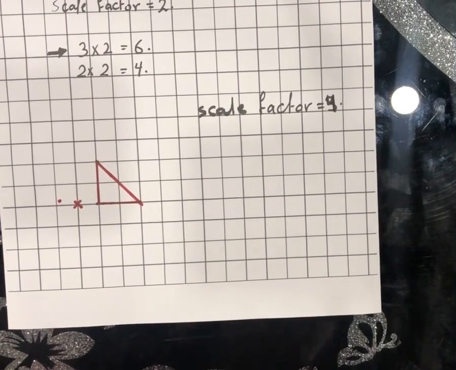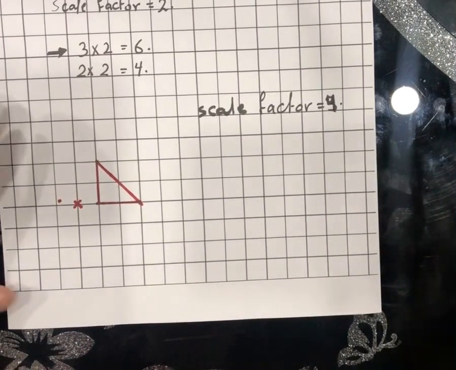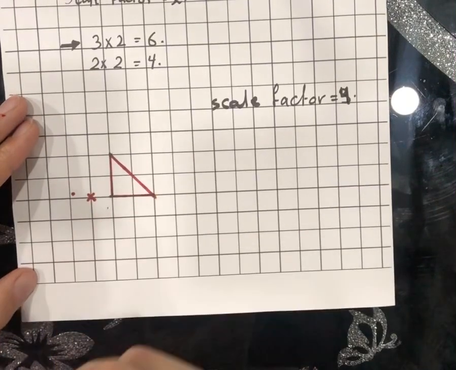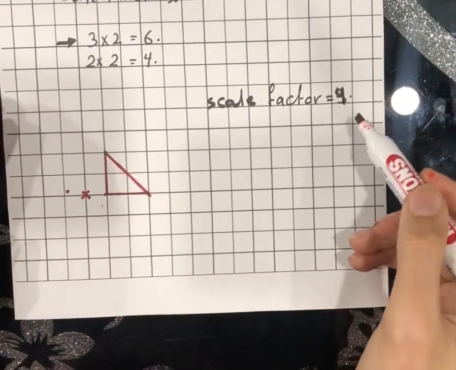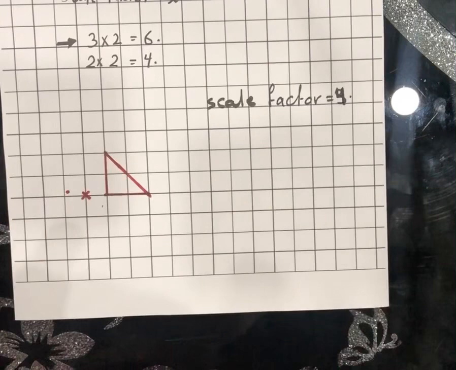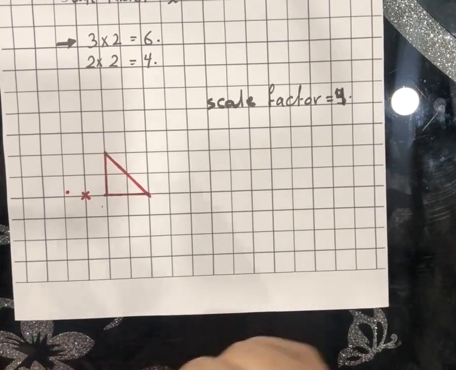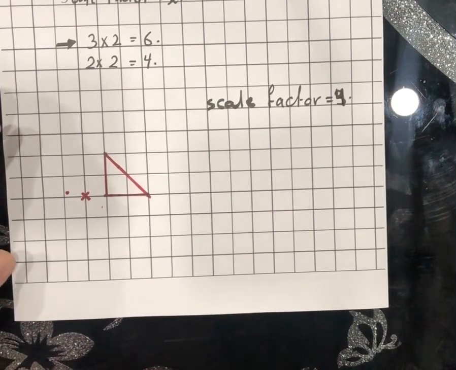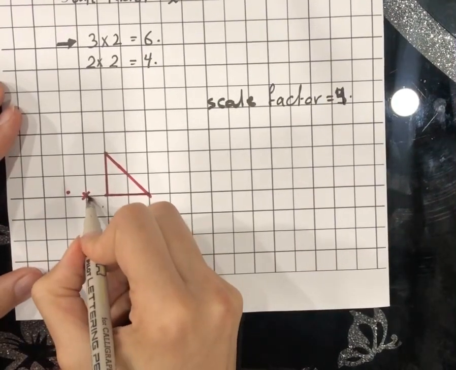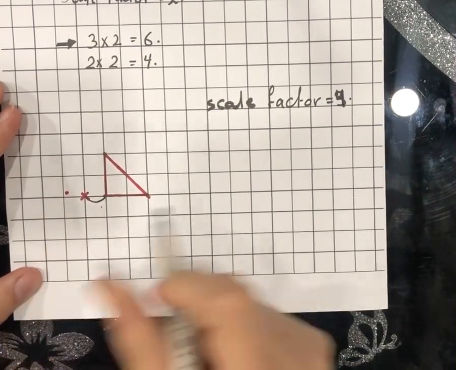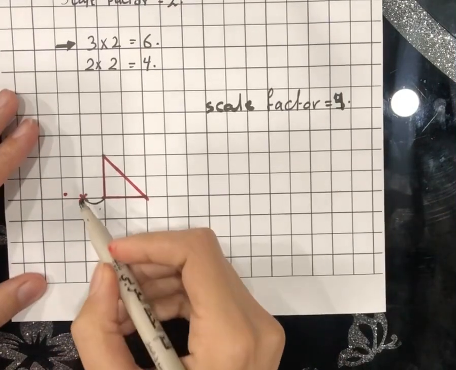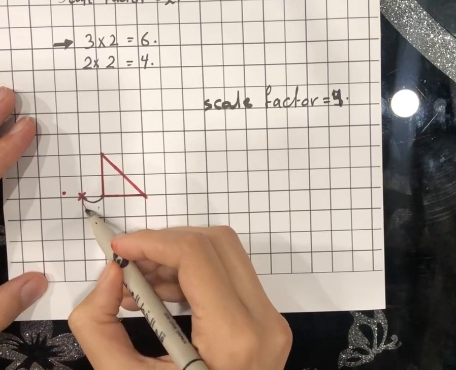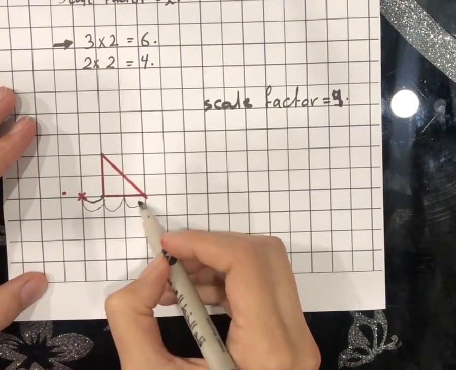Now we'll look at each length. You will see that this length is 2, and here I have 2, so I need to multiply that by the scale factor. I will also need to take into consideration the distance from my center of enlargement. So the distance here is 1 centimeter. If we multiply 1 by 4, I need to start my triangle after 4 centimeters.